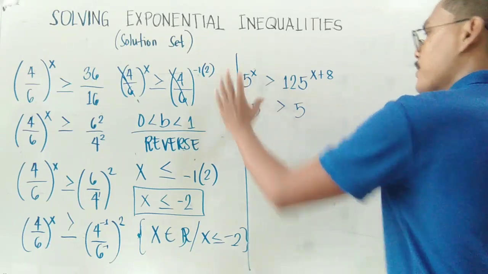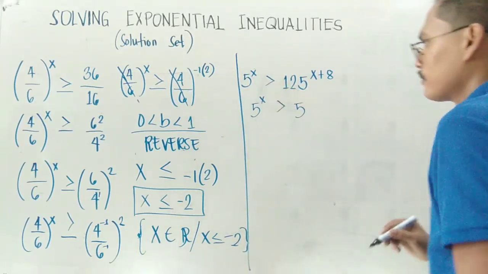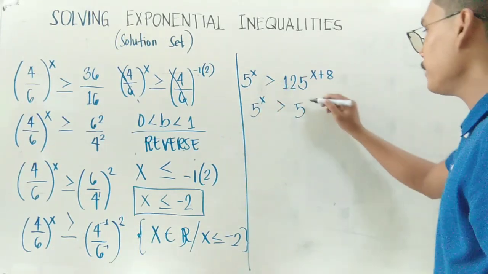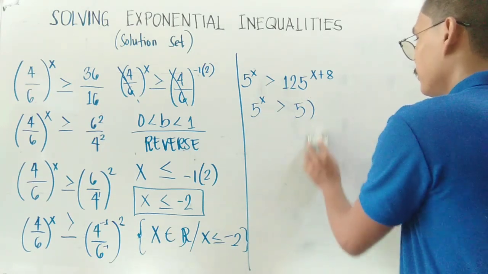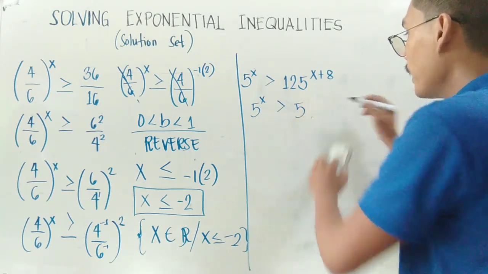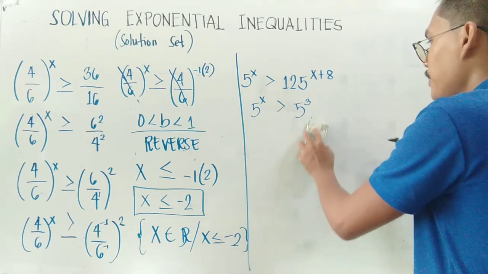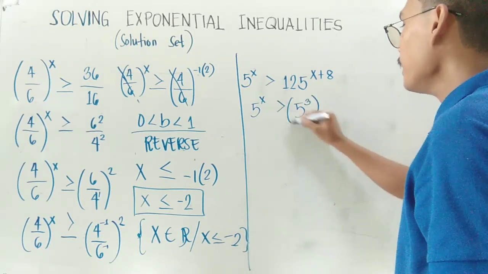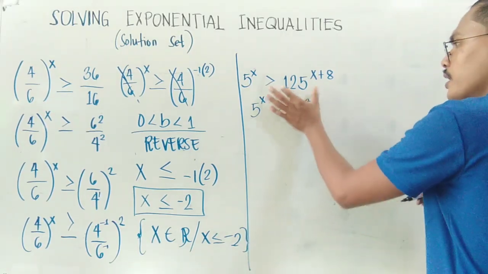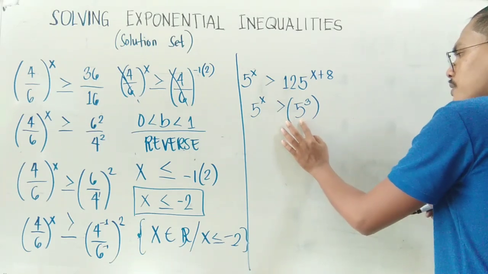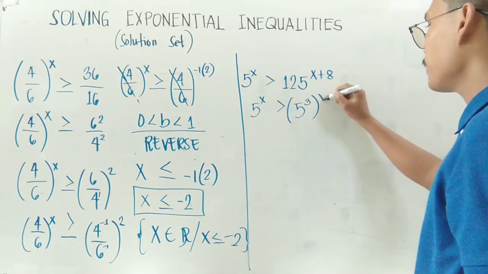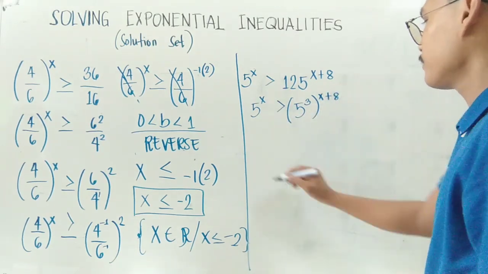So 5 is copied. Then 125 is equal to 5 cubed. Are we clear in this? 125 equals 5 cubed. Then copy the exponent, x plus 8.